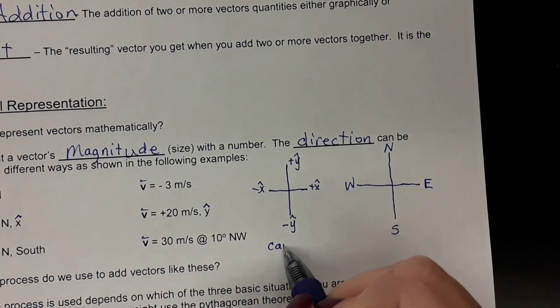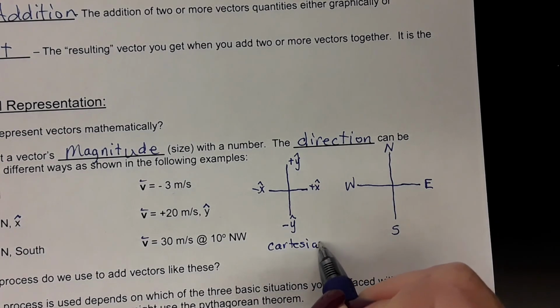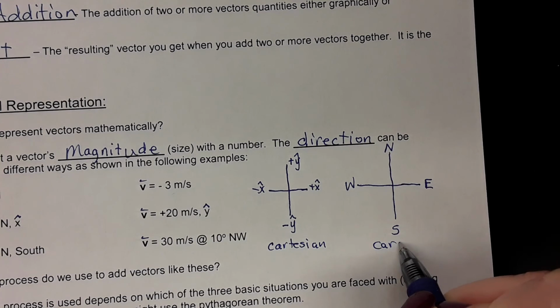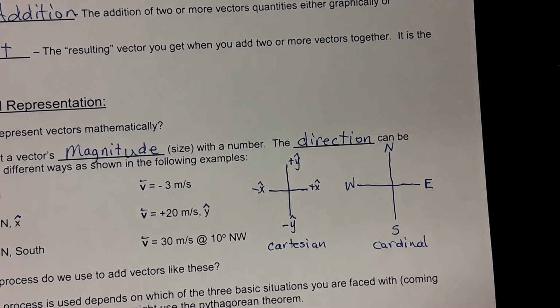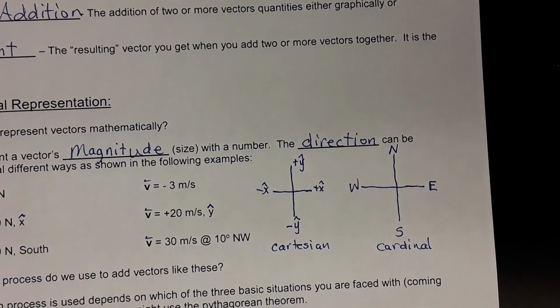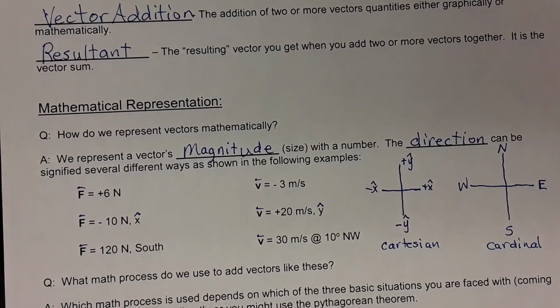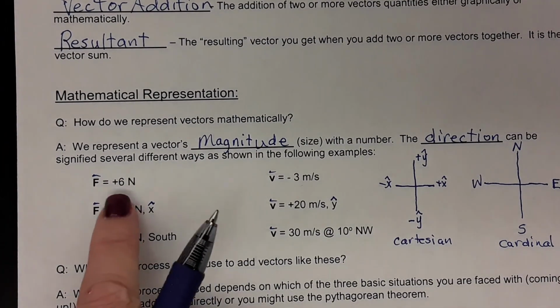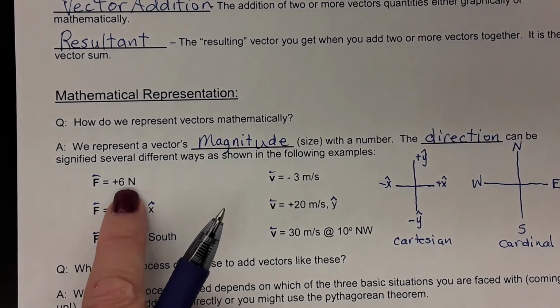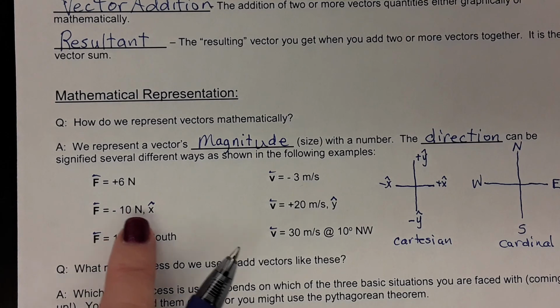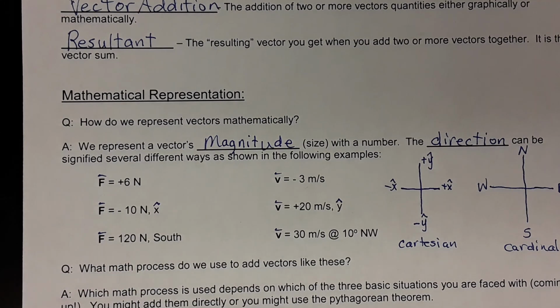So this is the Cartesian system, and this is the cardinal system. Okay? So Cartesian directions, cardinal directions. Got it? All right, so the point is we have to represent the vector mathematically with a magnitude and a direction of some type. Okay.